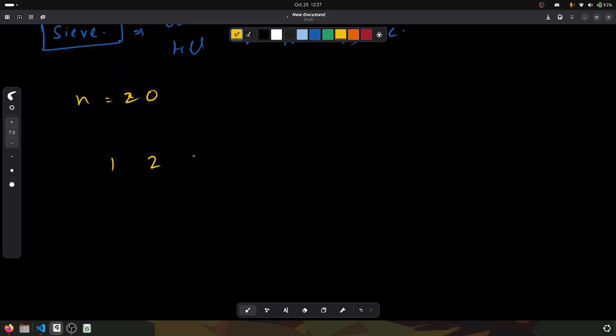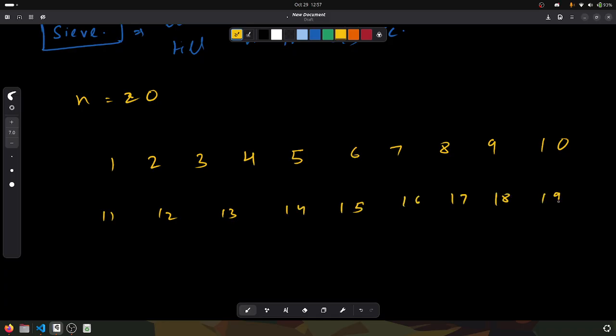So what the sieve algorithm does is, let me write out all the numbers: 2, 3, 4, 5, 6, 7, 8, 9, 10, 11, 12, 13, 14, 15, 16, 17, 18, 19, 20. So let's remove 1. We know that 2 is a prime number, so all the multiples of 2 cannot be prime: 4, 6, 8, 10, 12, 14, 16, 18 and 20.